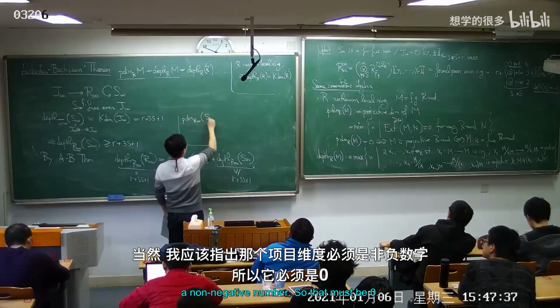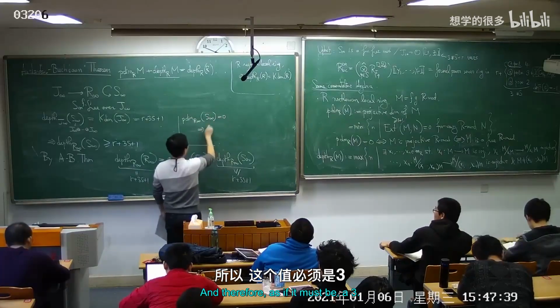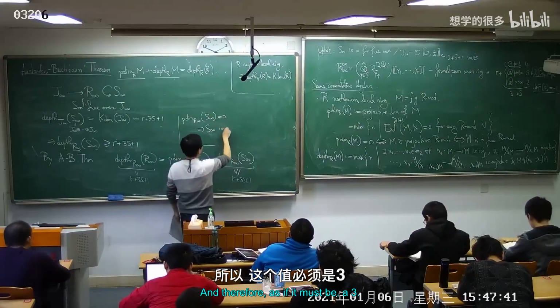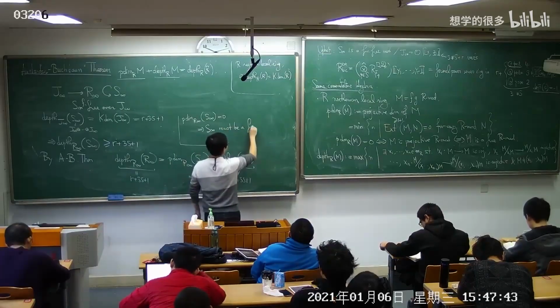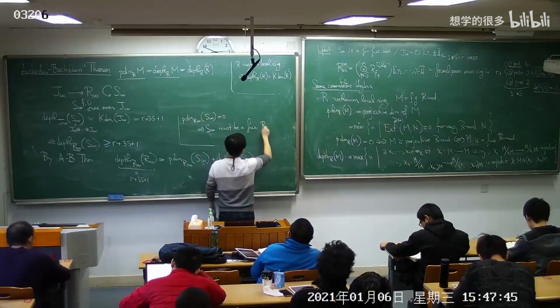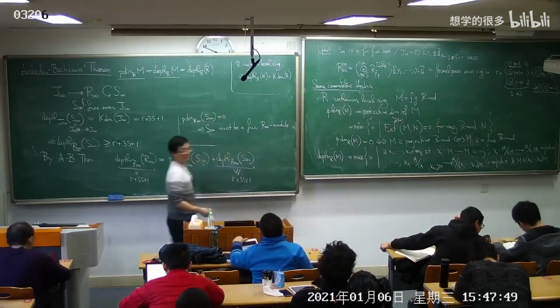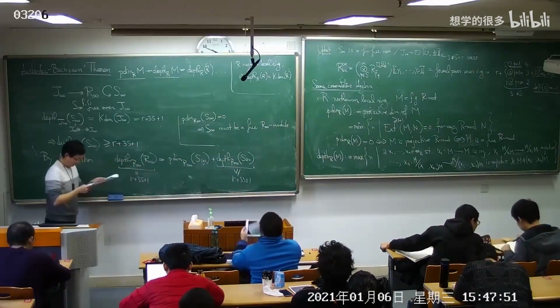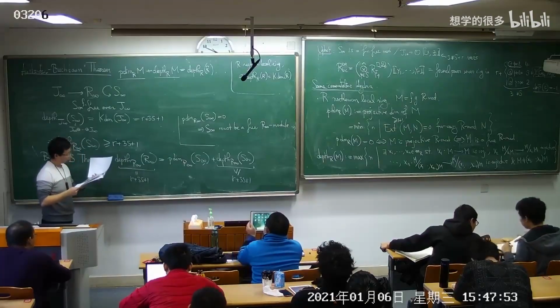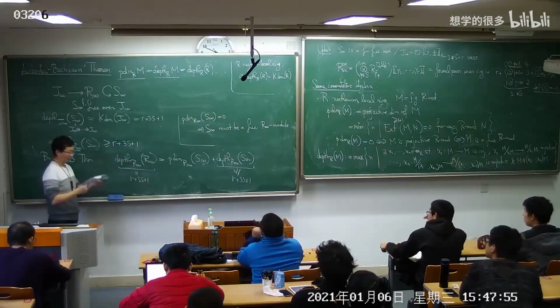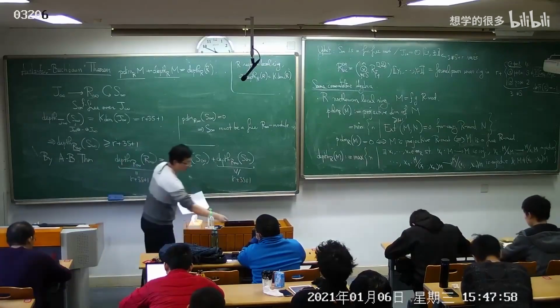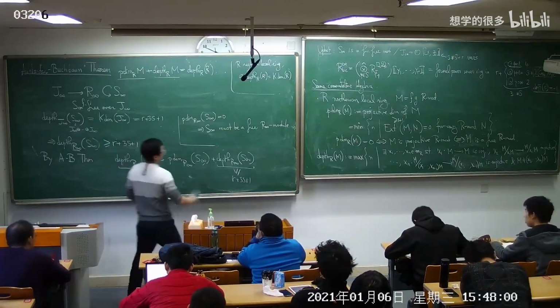So that must be 0. And therefore, S infinity must be a free R infinity module. Okay. And then done.